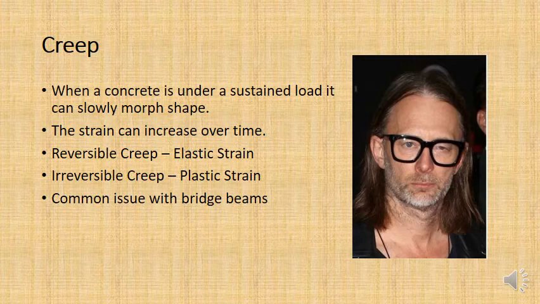Now, this is usually reversible creep, meaning that if you could take the load off, then it would bounce back to shape. Elastic strain. But there's also some irreversible creep where basically small cement particles inside the concrete move. Now, this is a real big problem with bridge beams, and I'll show this to you in the next slide.